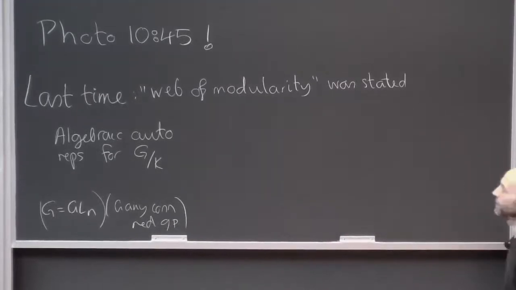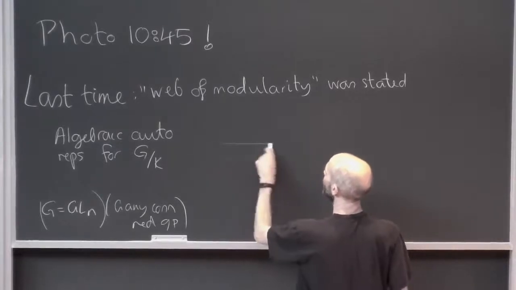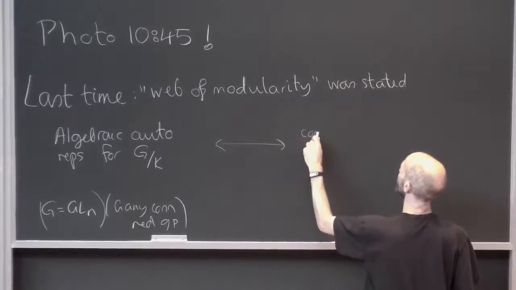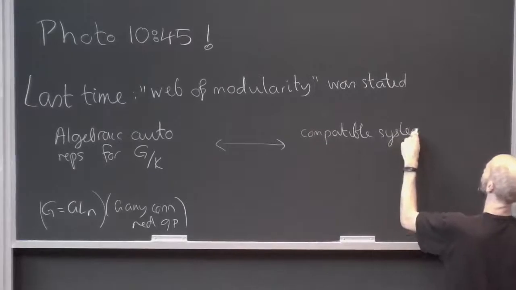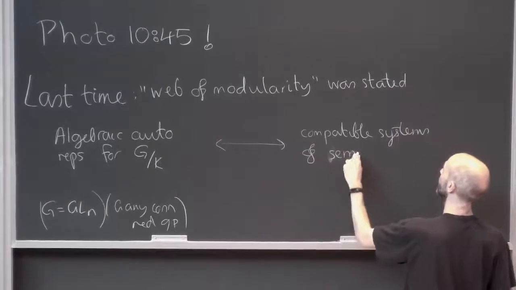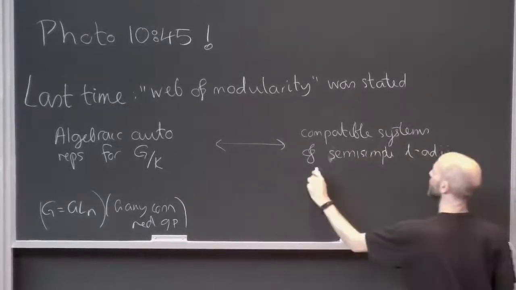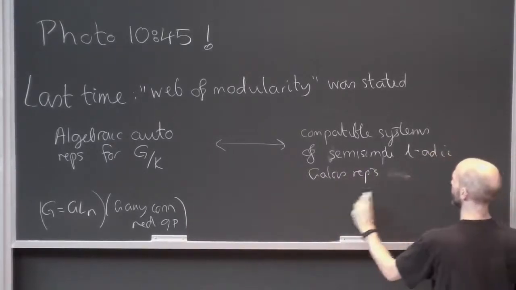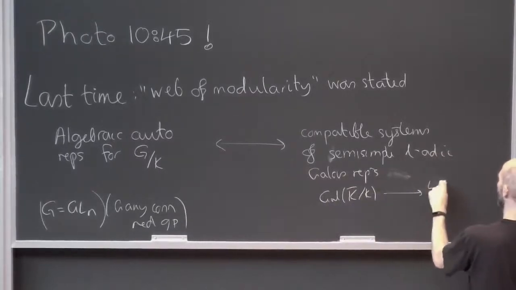So algebraic automorphic representations for G over K should somehow correspond to compatible systems of L-adic Galois representations. Well, semi-simple, let's say. L-adic Galois representations Gal K bar over K into some kind of L group, right?